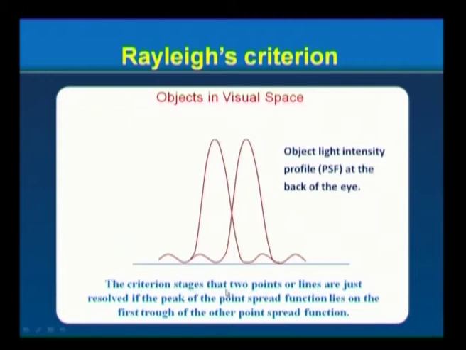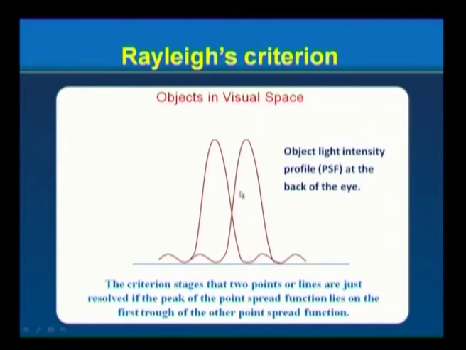The criterion states two points or lines are just resolved when the peak of the point spread function lies on the first trough. This is the first trough, right? The first trough should coincide with the first crest. You have the crest here, trough here. The first trough of the first source should coincide with the crest of the light coming from the second source.